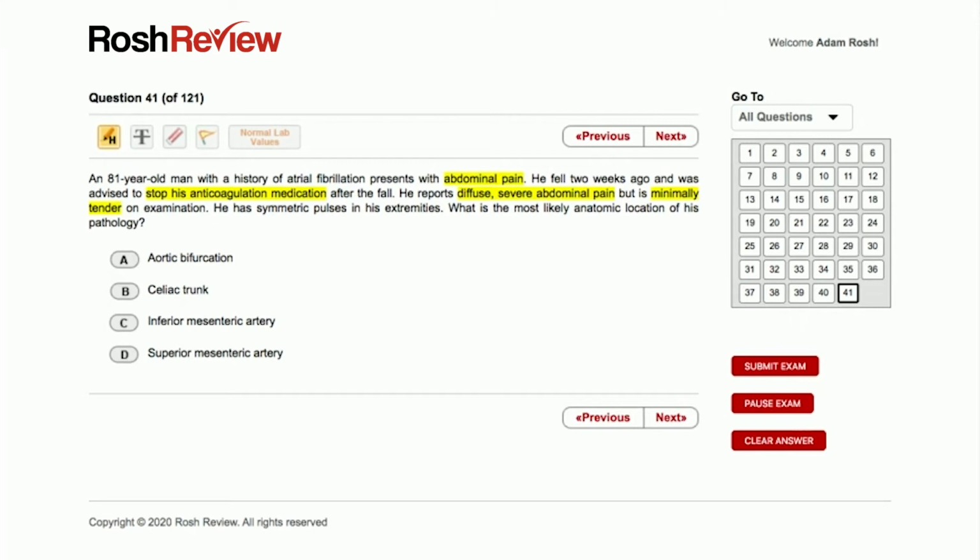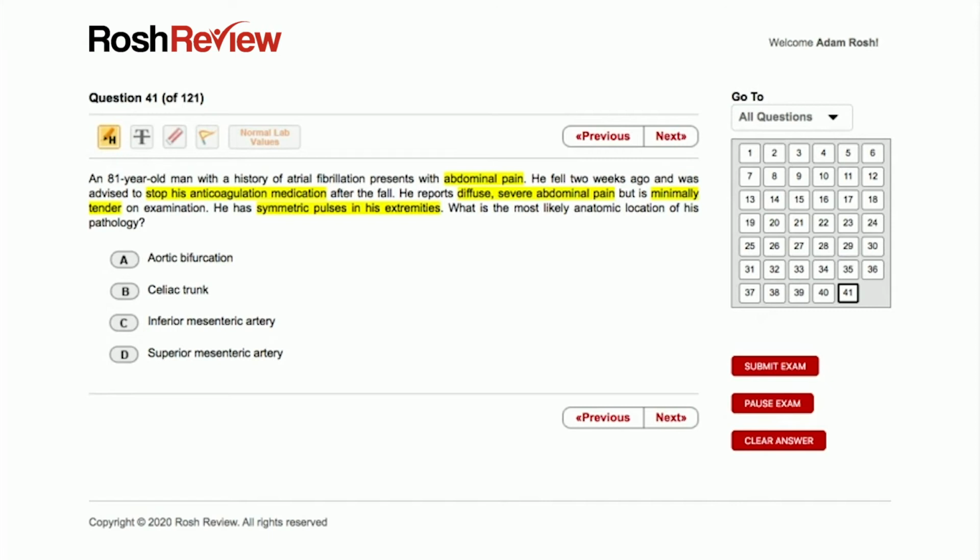So that always makes me think some type of visceral or some type of ischemic process that may be happening in the intestines, for example. And the last part of this that's going to be very important is he has symmetric pulses in his extremities.